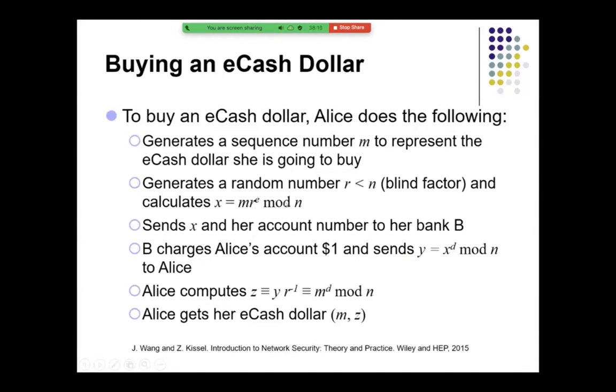Now E and N, of course, are public. Alice then sends X and her account number in the bank to the bank B.